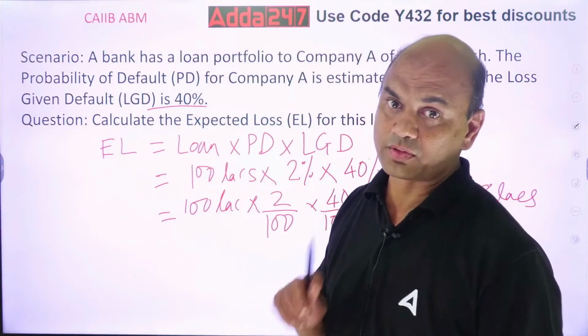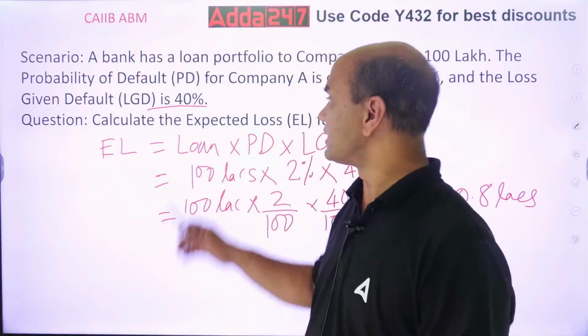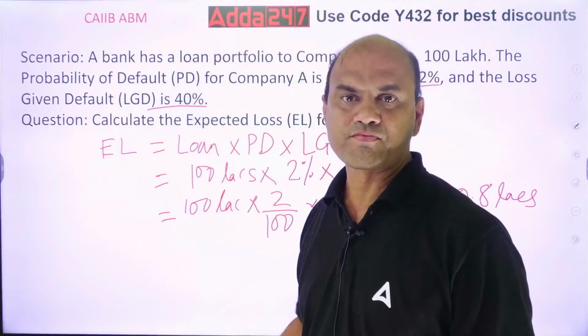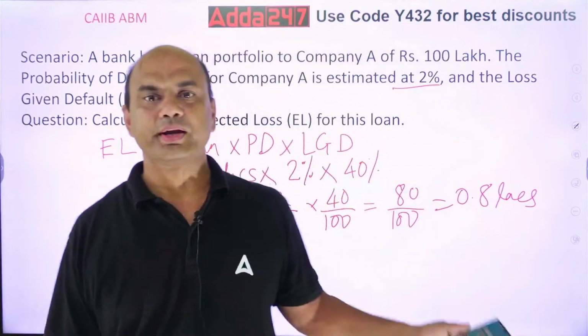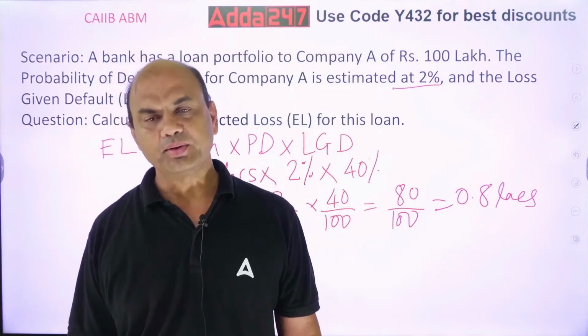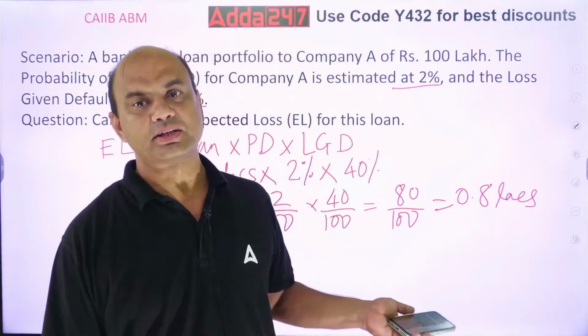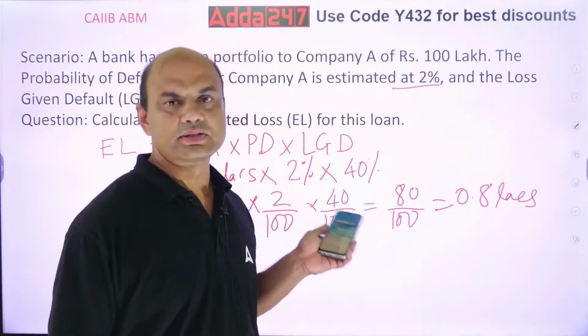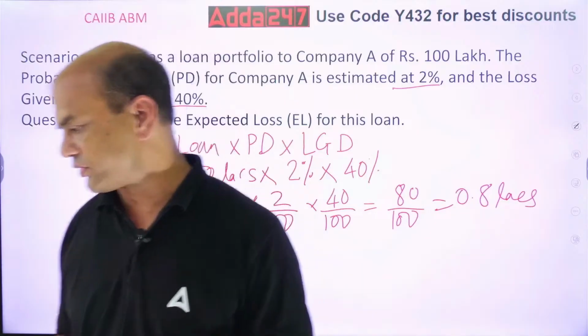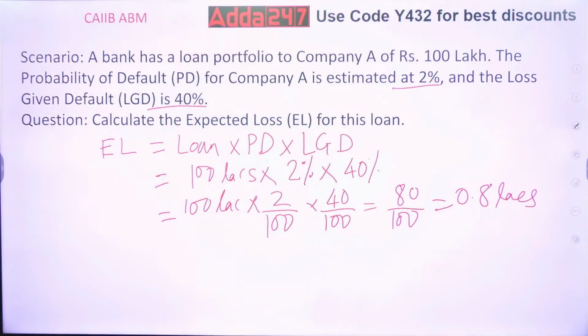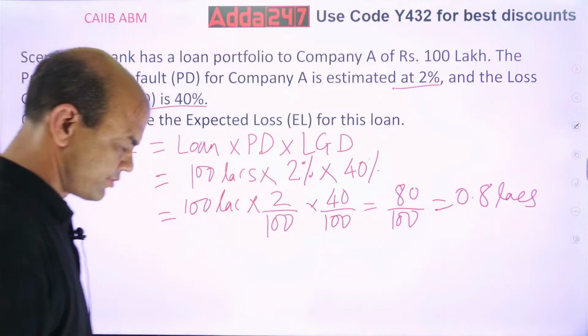Kindly don't miss out on the calculations. Even I myself have made mistakes here. We forget the upon 100 because we are dealing in percentage. Whenever we deal in percentage, we have to focus on upon 100.